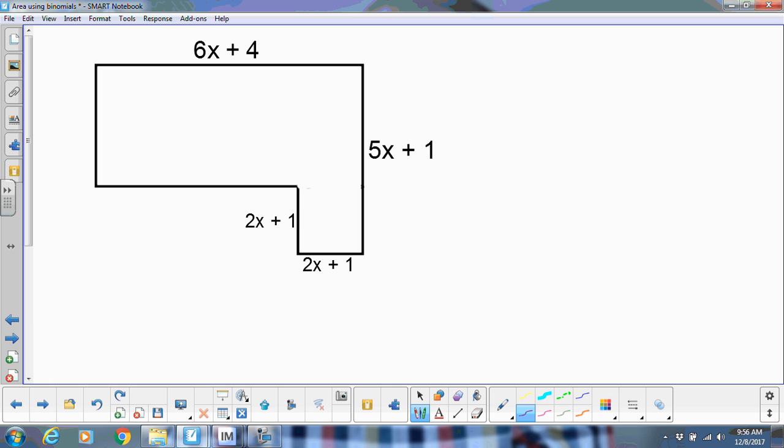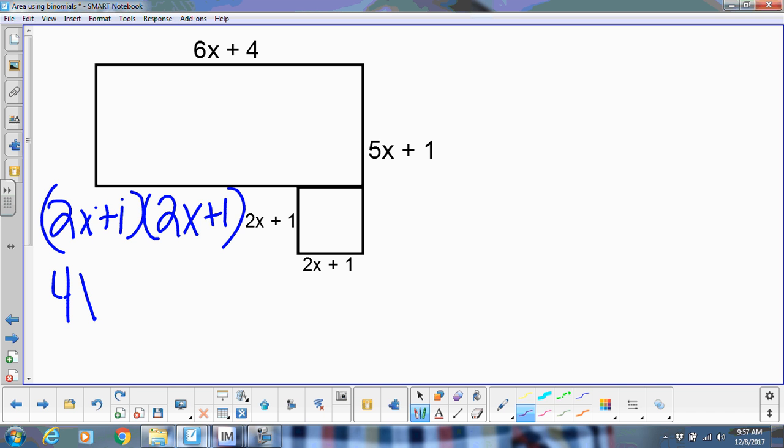So what Deja's got so far is she went ahead and did this, which gave me 2x plus 1 times 2x plus 1. When Deja worked that out, she got 4x squared plus 4x plus 1. Is everybody with me? Okay.